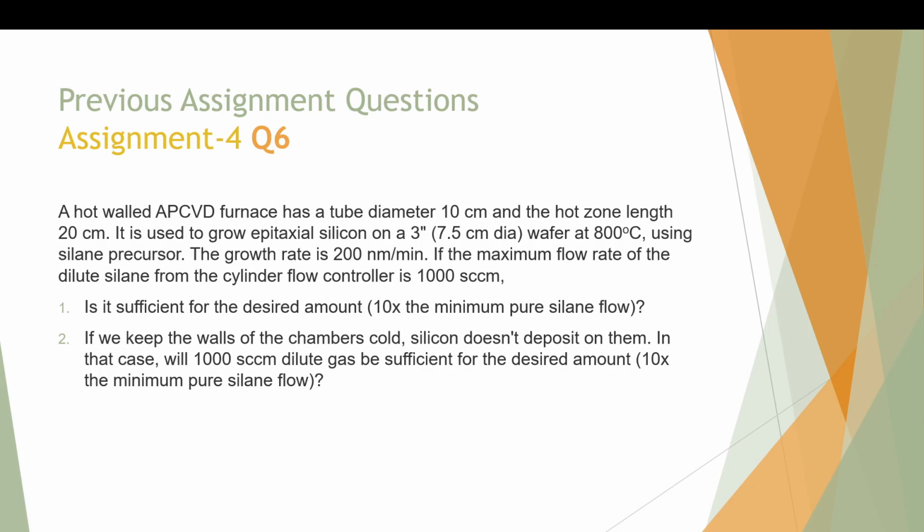Yes, so now they are asking us, the maximum flow rate of the dilute silane from the cylinder flow controller is 1000 SCCM. Is it sufficient for the desired amount, that is 10 times the minimum pure silane flow? The maximum flow rate is 1000 SCCM and the minimum silane flow that we calculated was 25.